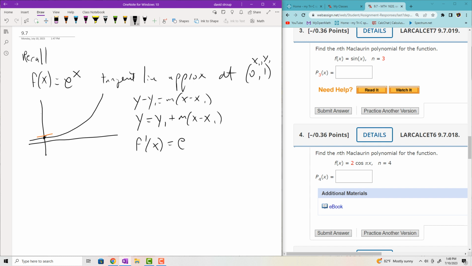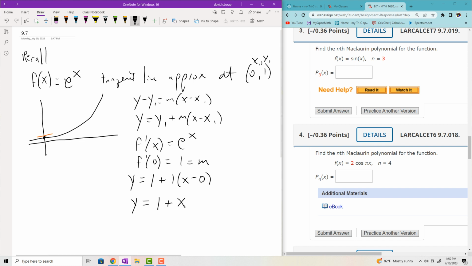So f prime of x is e to the x. I want the slope at the point (0, 1), so you plug in 0 and get out 1. Plugging that in, I'll have y equals y1, which is 1, plus 1 times x minus 0. And so our tangent line approximation is 1 plus x.